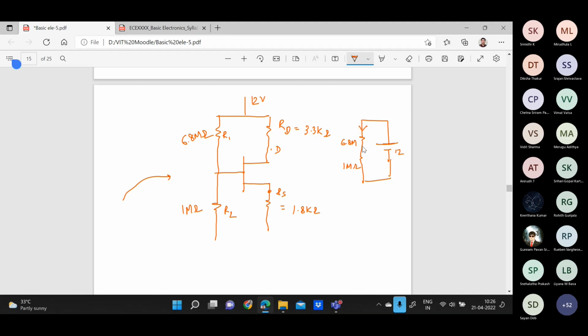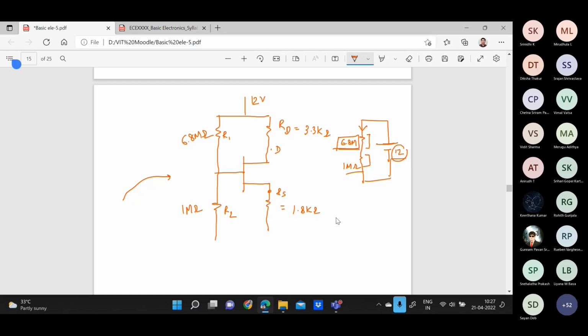But if I ask you the voltage drop across this one and across this one, will the voltage drop be the same or different? Different, sir. Different, right? So if it is 12 volt, can you tell me the voltage drop across this resistance? You know the formula, right? Tell me the V out.